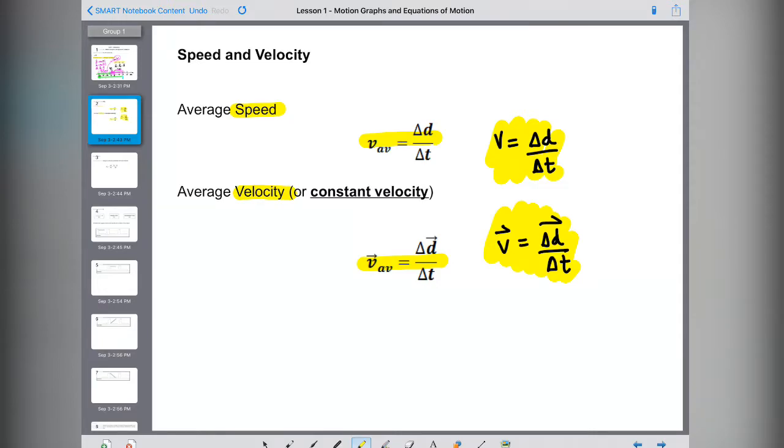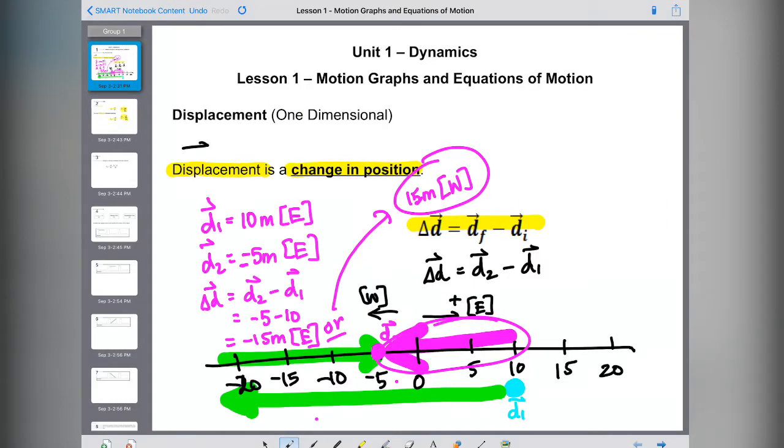Do you see how the total distance, I went from 10 all the way to 20. So 10 all the way to 20, I've traveled 30 meters. And then I go from 20 to 15, see this little chunk here? I would have traveled a total distance of 30 plus 15.